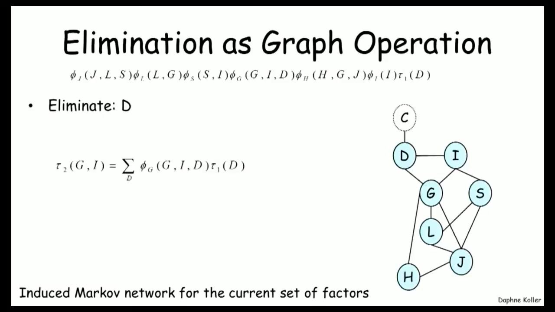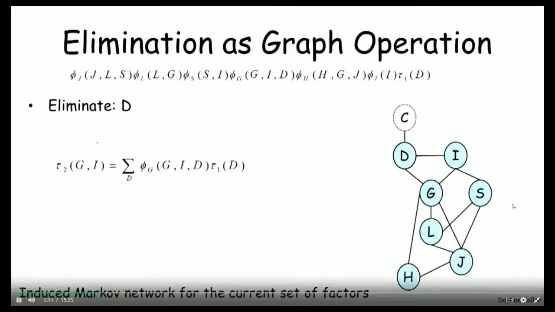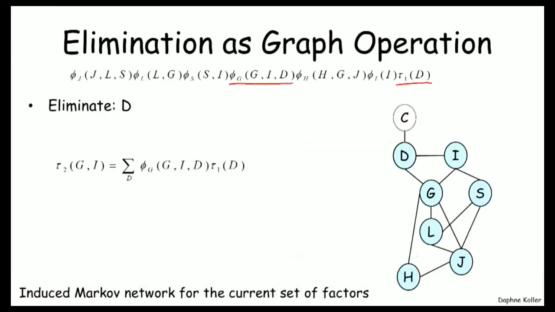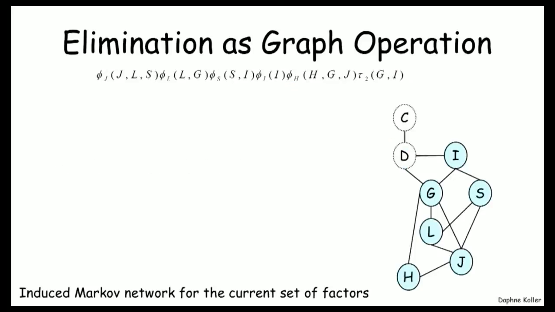We're going to eliminate D. So once again, we're going to take the two factors that we've now introduced, tau 1 of D and phi G of G, I, and D, multiply them, and eliminate D. And so the resulting graph is now going to look like this.